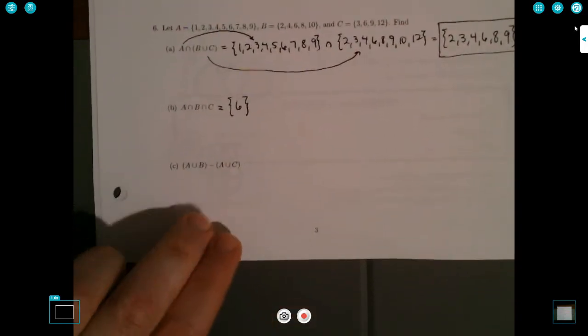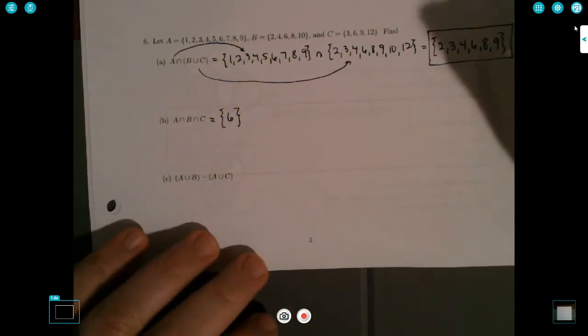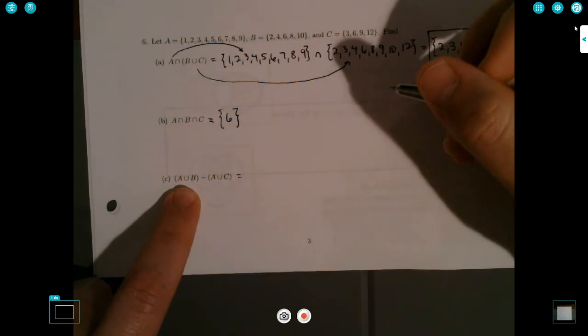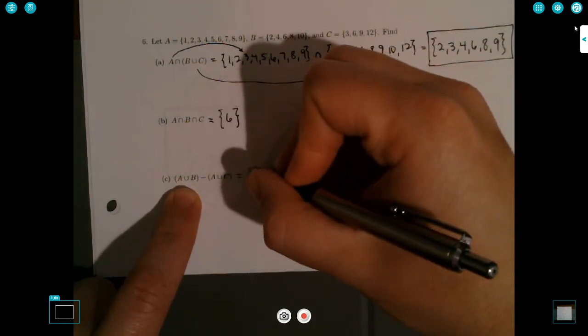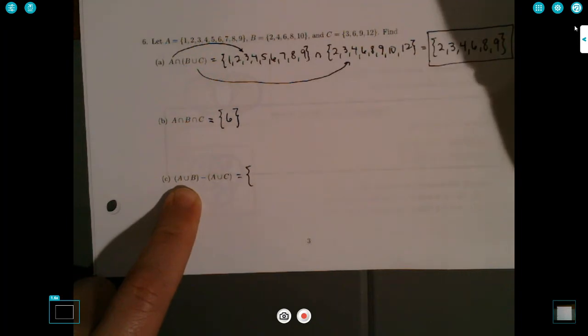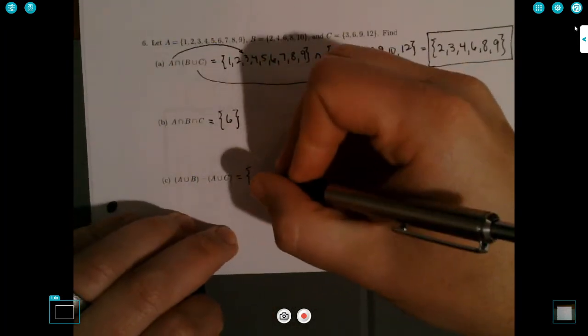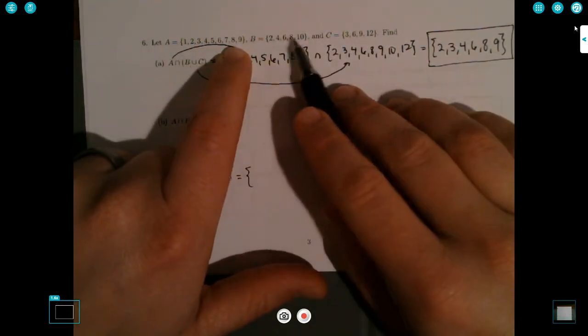Okay? Here's another example. We have A union B minus A union C. All right, so I'm going to do the stuff inside of the parentheses first. A union B is going to be everything from 1 to 9, and then also 10.